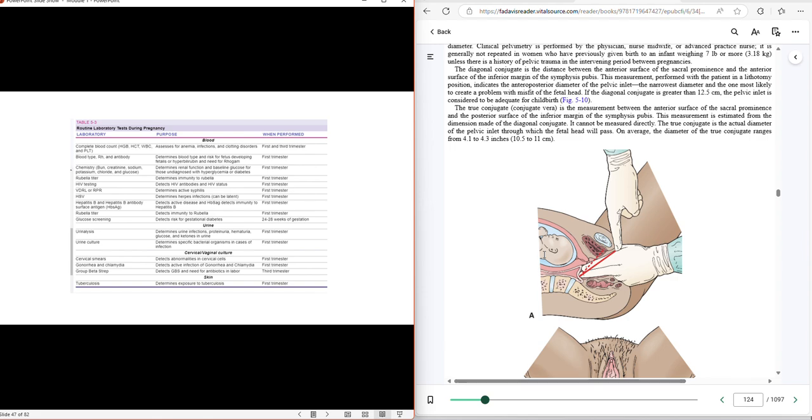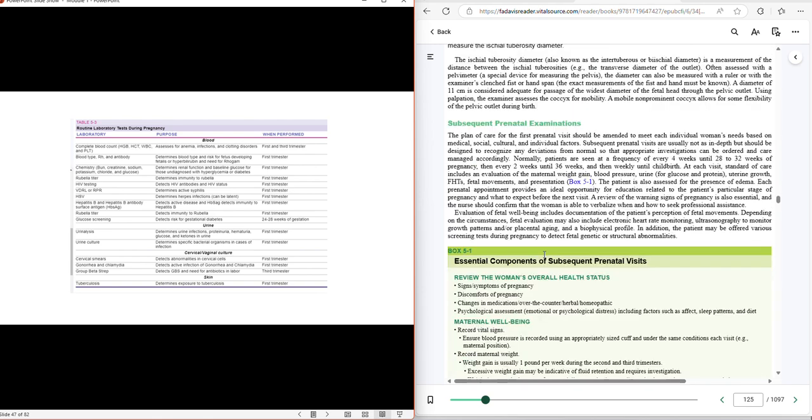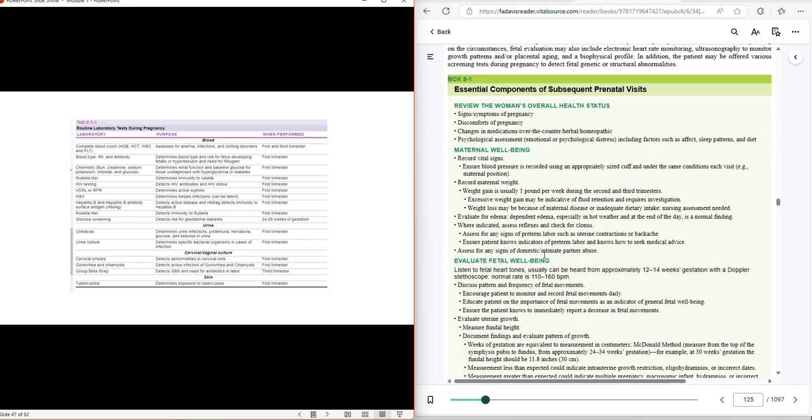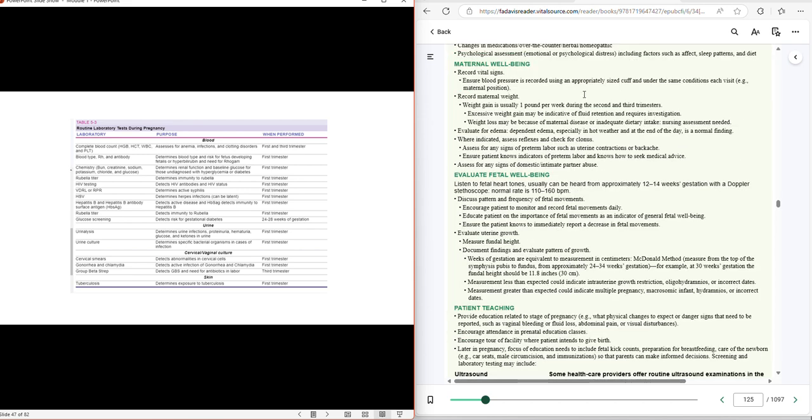And this is just showing the exams. This chart on page 125 is talking about the different subsequent exams, what they would include, maternal well-being, fetal well-being, what we're going to check.